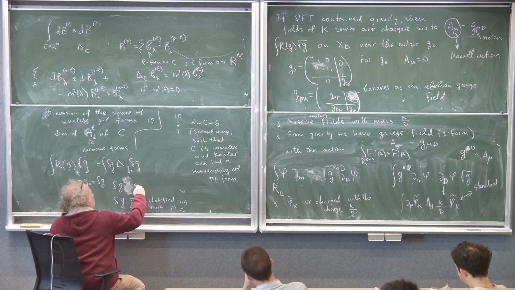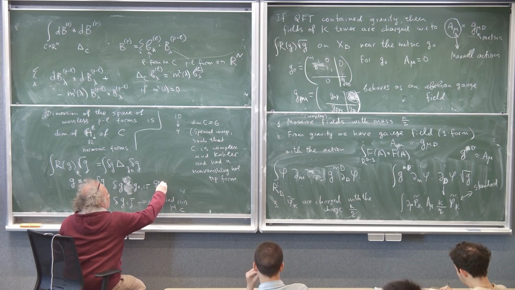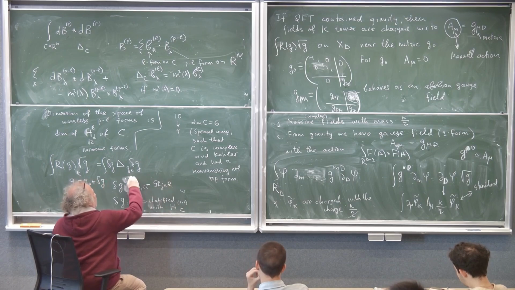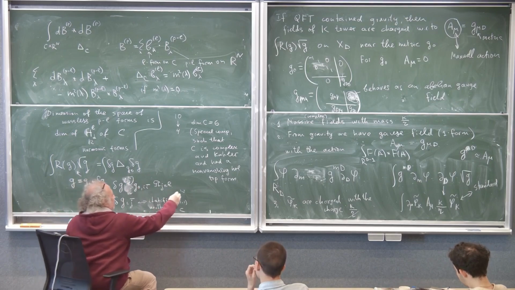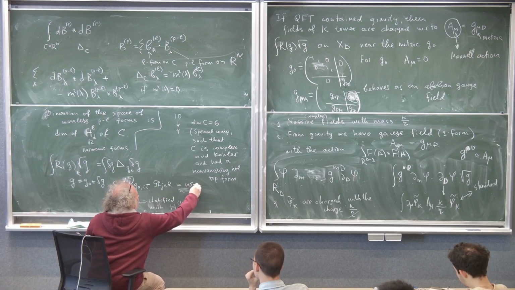Now I can use G naught I bar to lower this index and use holomorphic top form JKL to lower this index. And the resulting object is omega I bar KL.